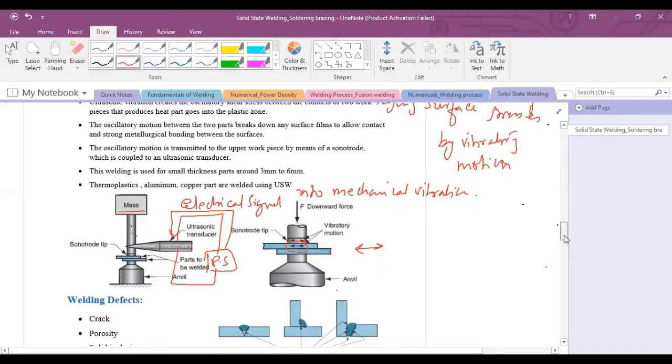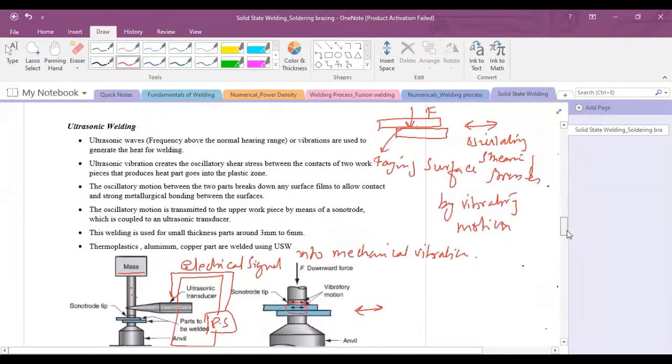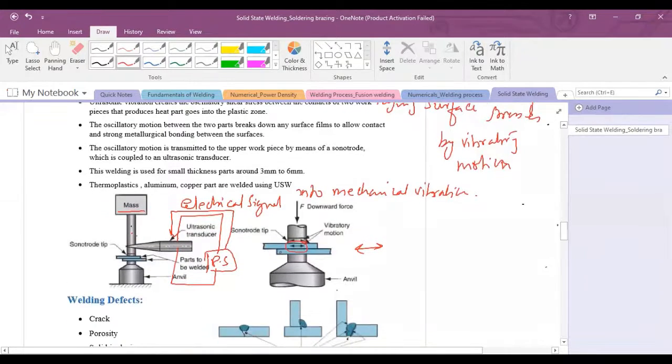Due to this oscillatory motion, oscillatory stresses will be created at the faying surfaces of the two metals. These oscillatory stresses will cause plastic deformation, and due to plastic deformation, temperature will rise at the interface of the two components. The temperature is an elevated temperature, equal to one third of the melting point of both base metals.